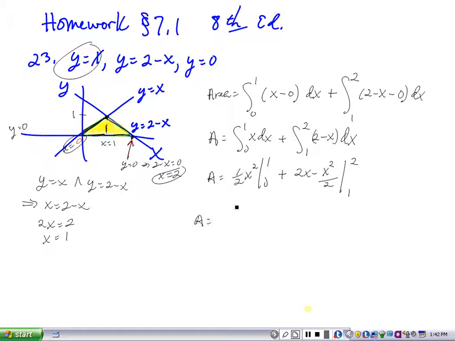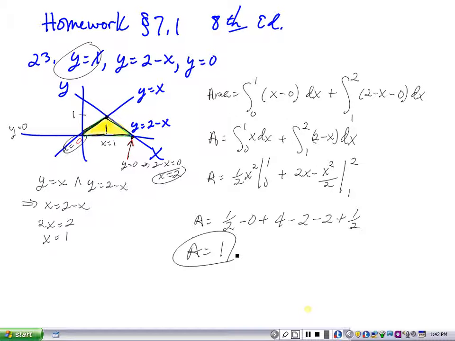You plug in these values, we have 1/2 minus 0 plus 4 minus 4 divided by 2, we get 2, and then minus 2 plus 1/2, and that comes out to give us the area is equal to 1.